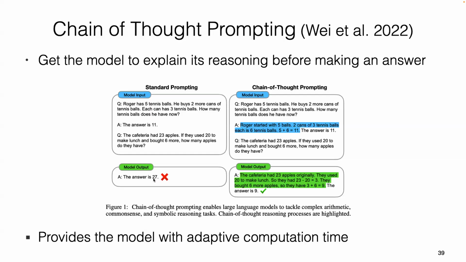And the transformer has some finite number of layers. So essentially the model has to be able to solve the problem in this single forward pass. Whereas here, the model can perform many forward passes, more computation. And the amount of computation varies based on how long the solution is.